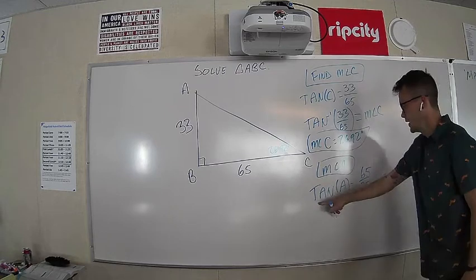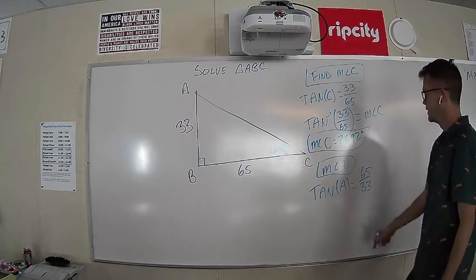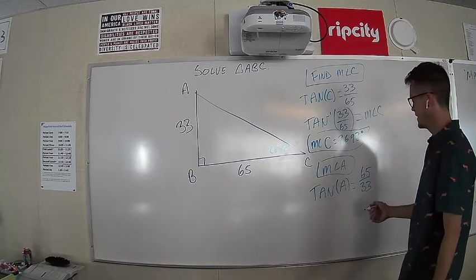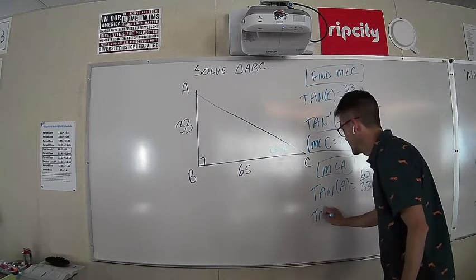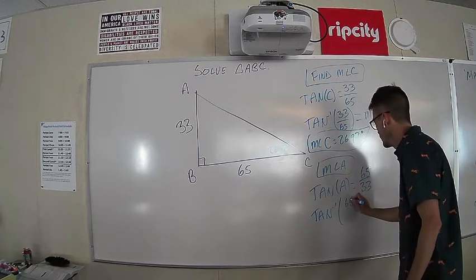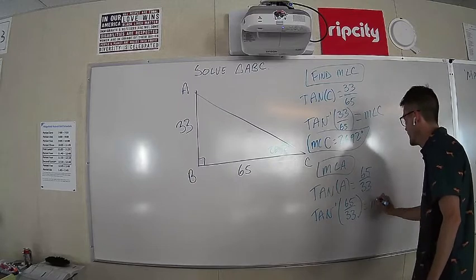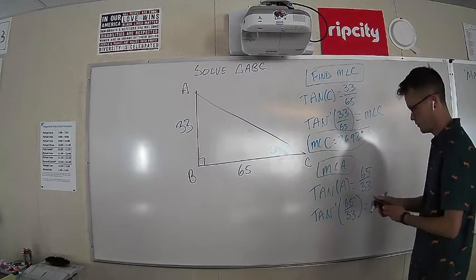But of course, again, we can't plug tan A into our calculator because our calculator does not know what A is yet. So we're going to take the inverse tangent of both sides. So we'll go tan inverse our ratio. This time it's 65 over 33 equals the measure of angle A.